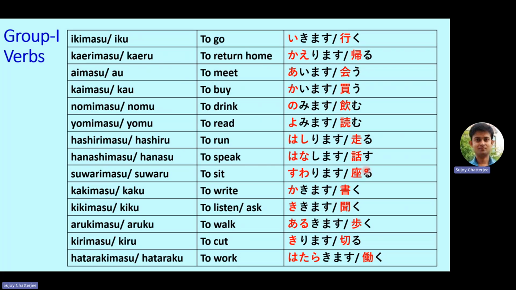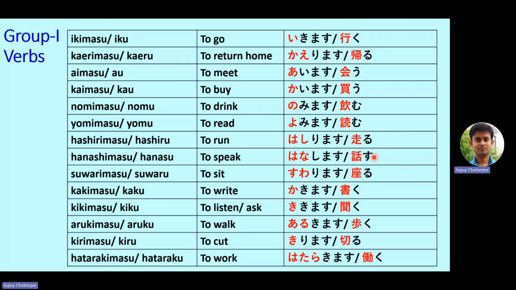So among these kanji, some of these we have already done in our regular kanji lesson. For example, we have done this one. We have also done the kikimas. This we have done, and the rest also we will be doing soon, one by one.